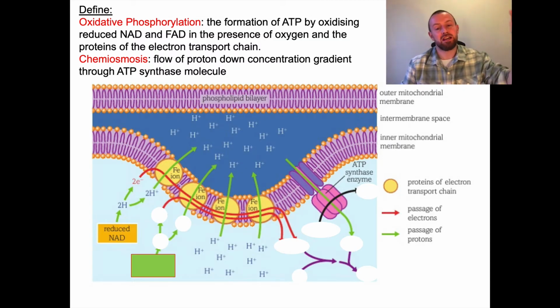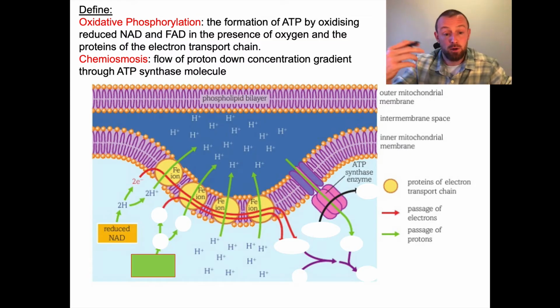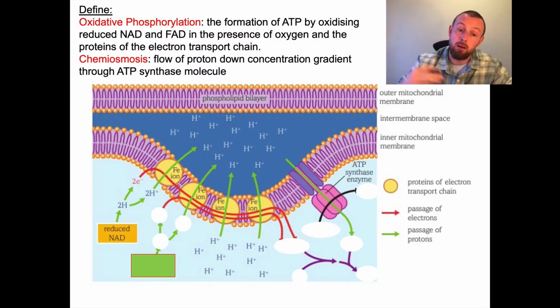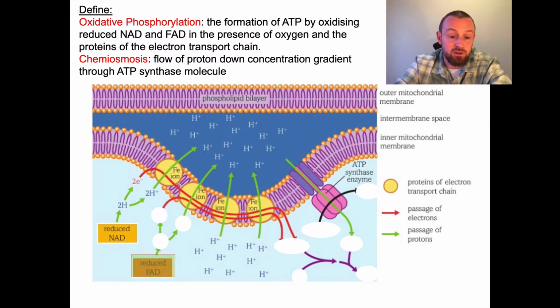They've got high energy and they move down a kind of redox potential scale. So they flow down, losing energy, and as they lose energy, that energy is used by the proteins to move protons and pump them. So as the electrons flow, protons are pumped into the intermembrane space. Now, there's 4 proteins of the electron transport chain. You don't need to know their names.